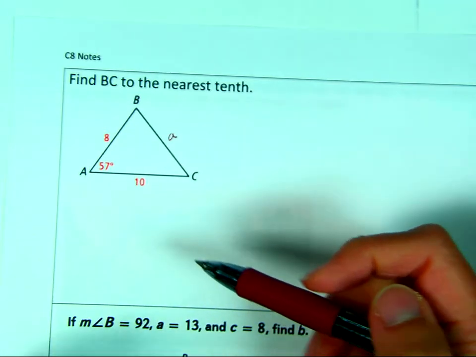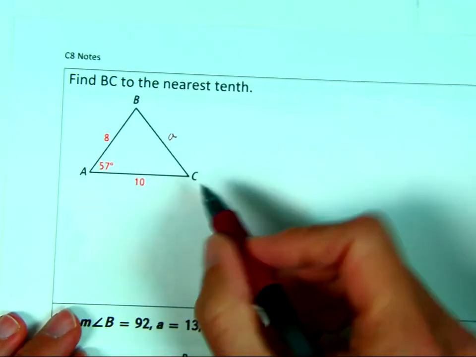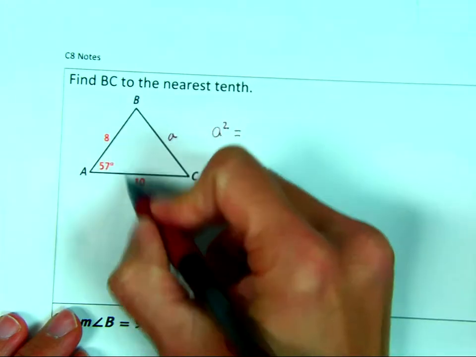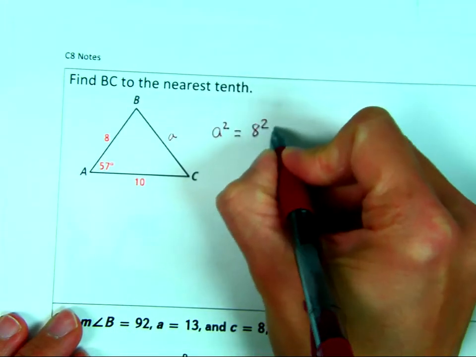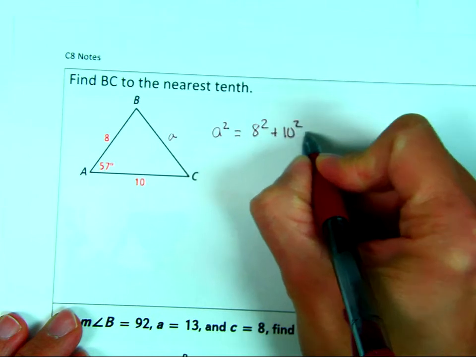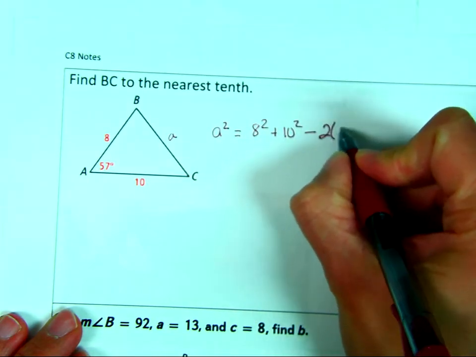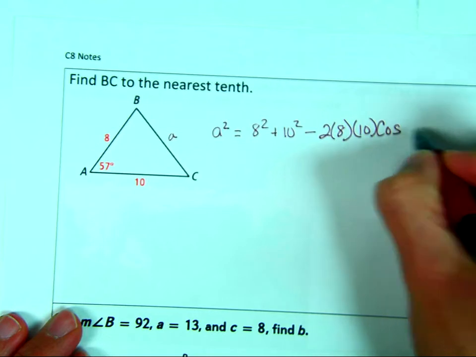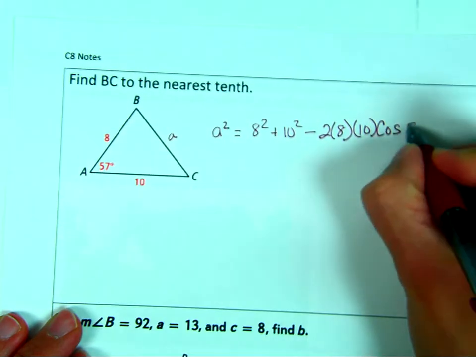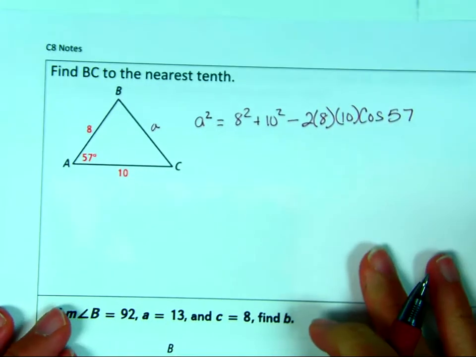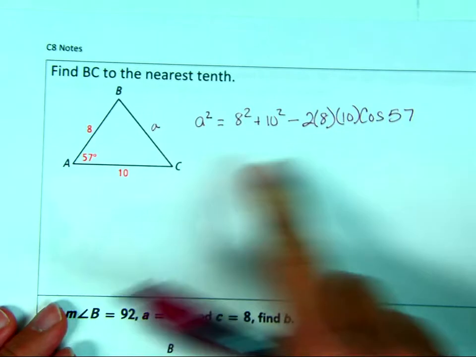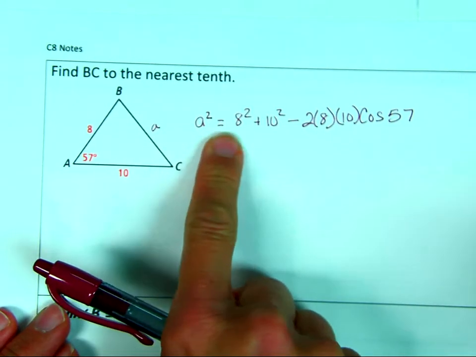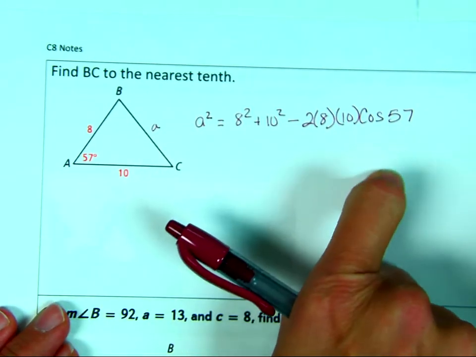We're trying to find the side opposite angle A, so that's this formula: a squared equals the sum of the other two sides squared, minus 2 times those two sides times the cosine of A, which in our case is 57. When you're finding the side, you can put all of that in your calculator all at once.